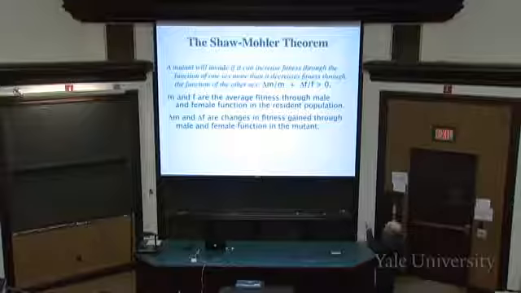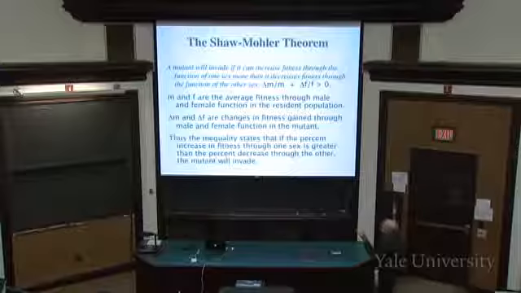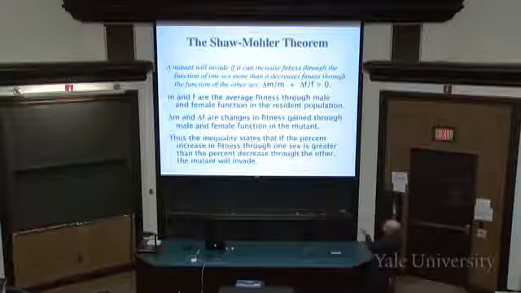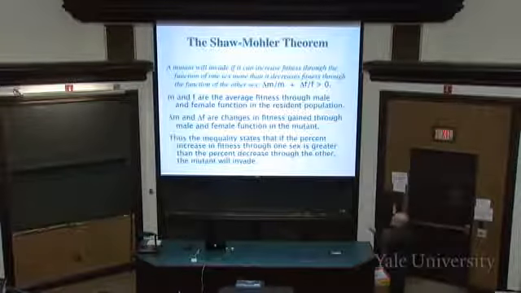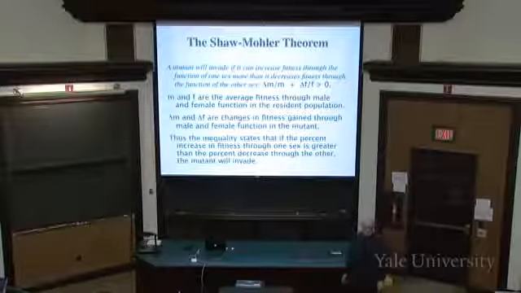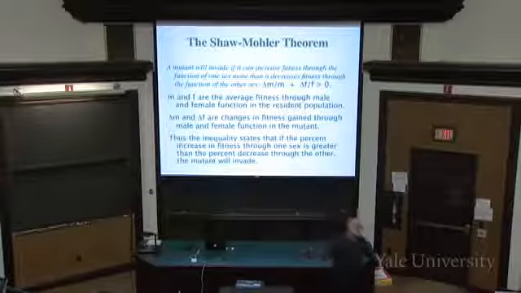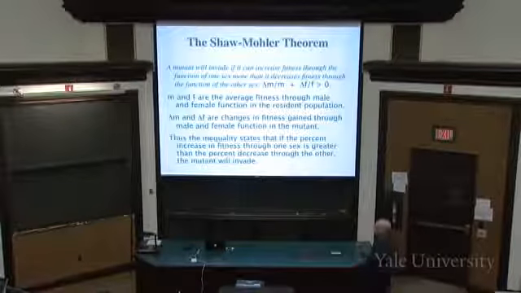Is it changing one of them enough to compensate for the other? So if the percent increase in fitness through one sex is greater than the percent decrease through the other sex, this mutation will invade. And that will go on until a new equilibrium is reached. So this is more or less the invasion criterion.